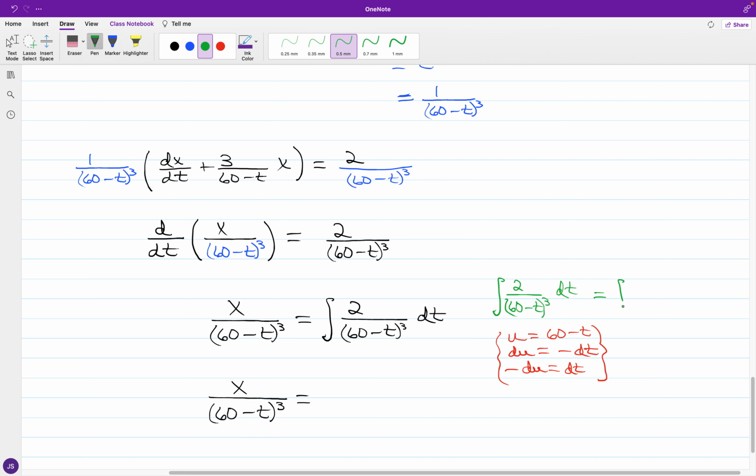So we have the integral of 2 over u cubed. And again, for dt, we have the negative of du.